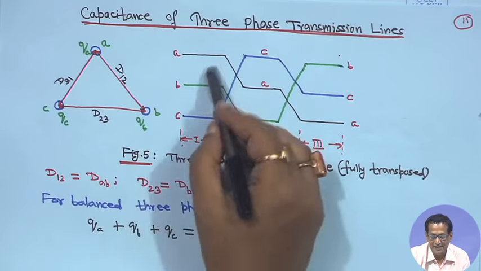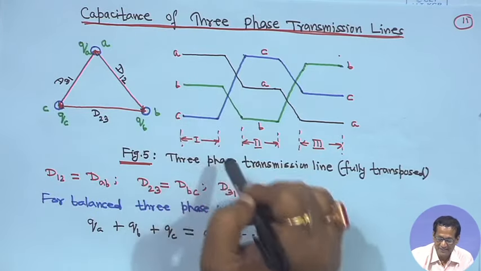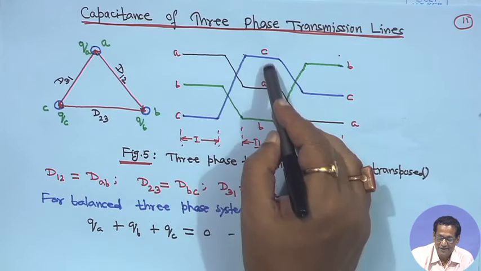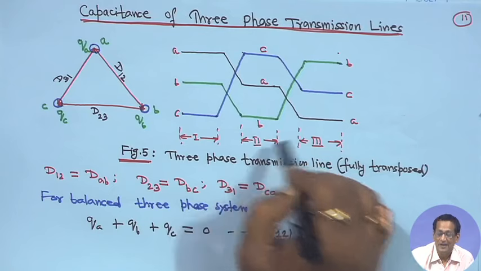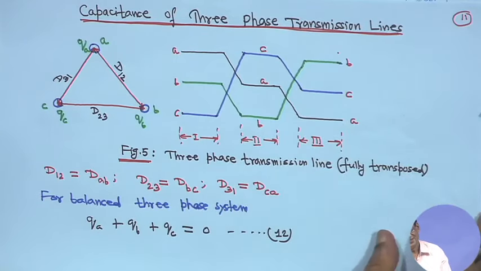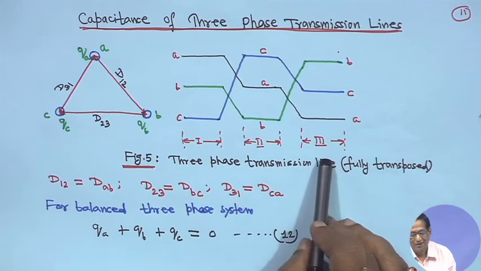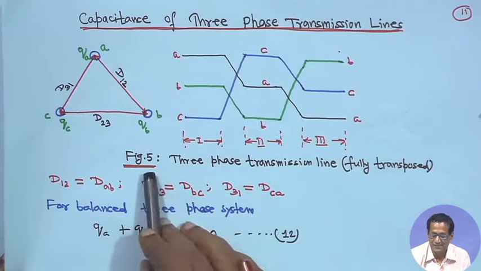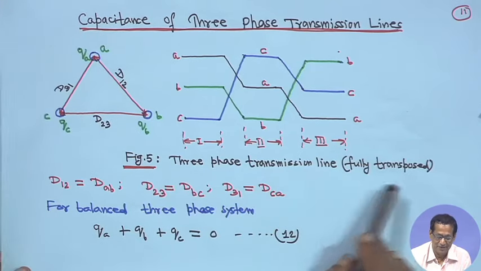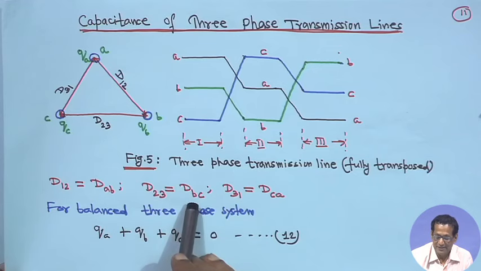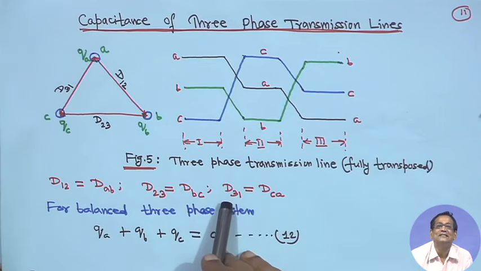So, this is the line transposition. The first section is ABC, the next section, section 2, will be CAB, and the third section will be BCA. This we have already seen for the inductance. So, this 3-phase transmission line, figure 5, is fully transposed, where I have written D12 as DAB, D23 as DBC and DCA is equal to D31.